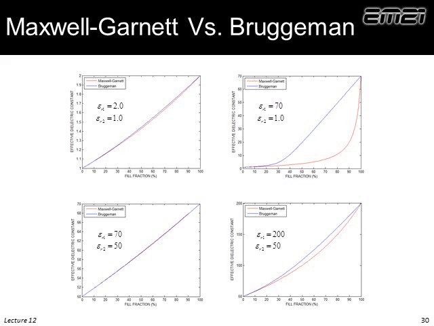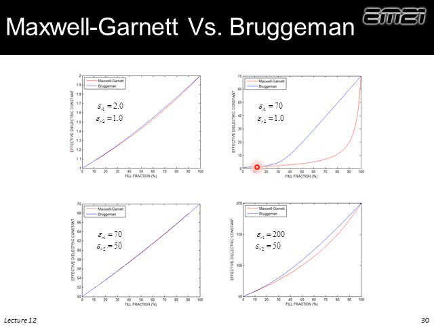If we want to compare Maxwell-Garnett to the Bruggeman, here are the plots for different mixtures. In the upper left, we're mixing two things with a dielectric constant of 1 and 2. So for very low dielectric constants, very similar dielectric constants, there's not really a lot of difference between the Maxwell-Garnett and Bruggeman. Here we go to really high dielectric contrast, and we see a very large difference between the Maxwell-Garnett and the Bruggeman.